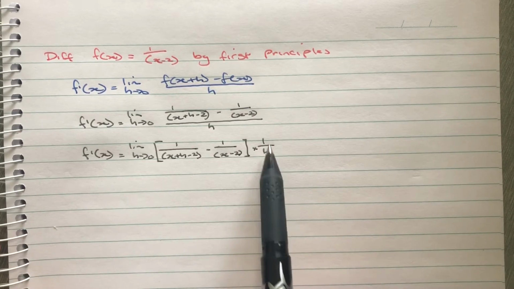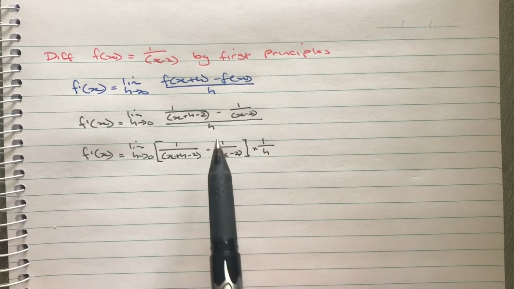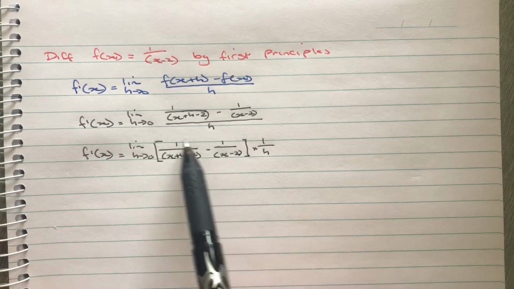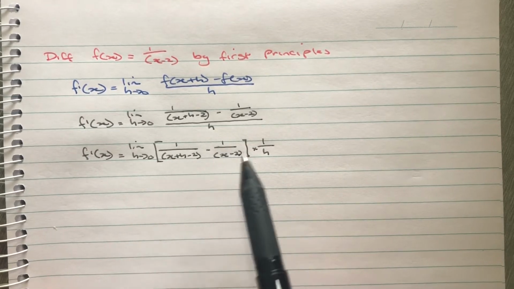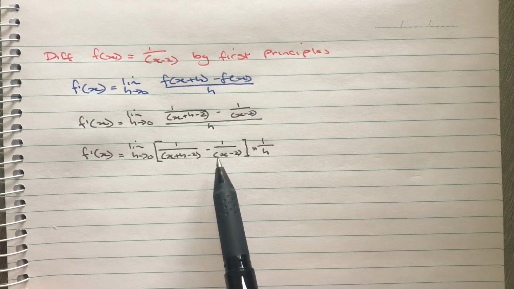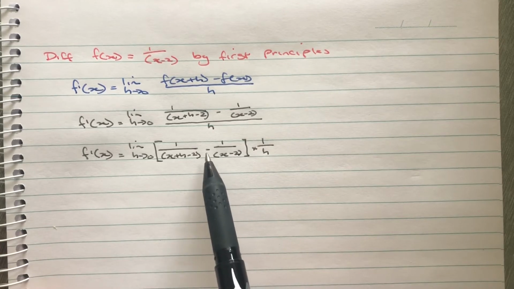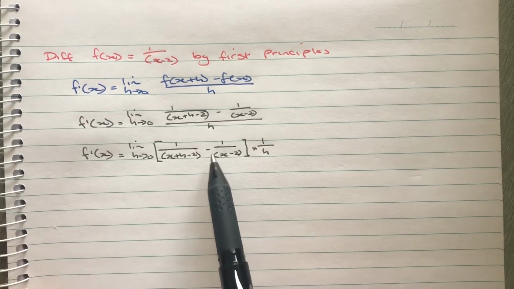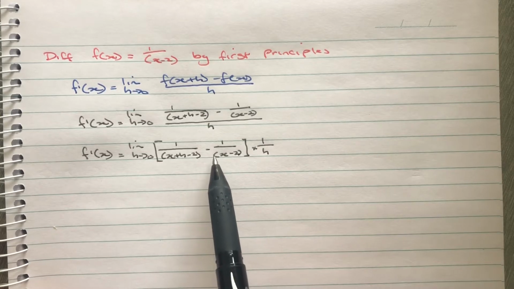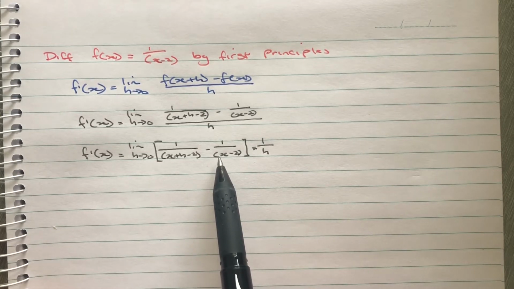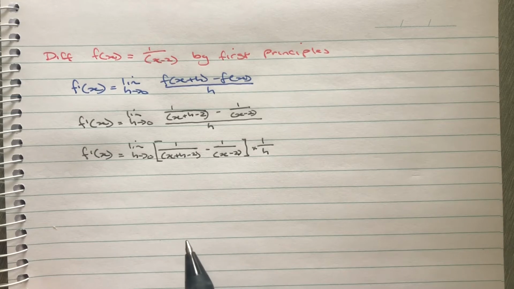So now we can kind of ignore it for the time being anyway, and just focus on what's happening here. Now these are two fractions with different denominators, aren't they? And they want us to take the second one away. In order to take that second one away, we need to make sure the denominators are the same. So we're going to have to do a little bit of cross multiplication here to make the denominators the same.